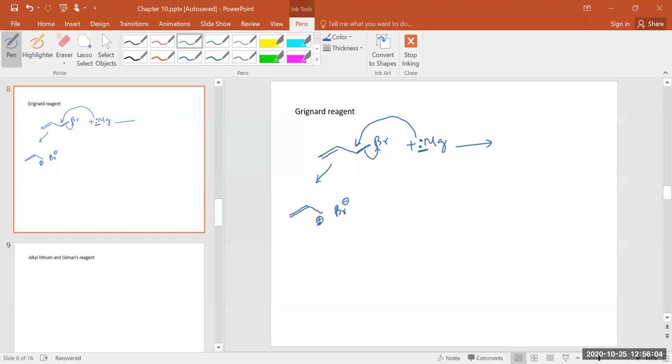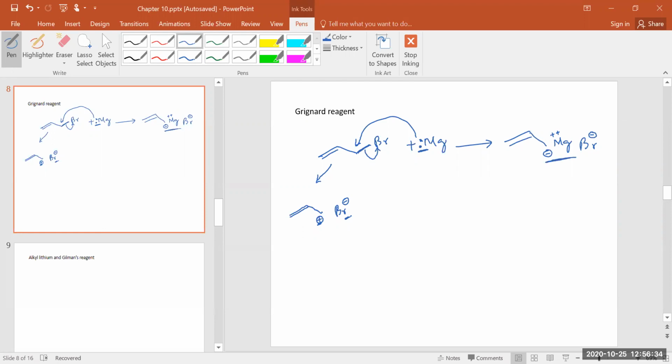So what will you have as a product here? This carbon with one negative charge, and magnesium with 2 positive charges and bromine with a negative charge. This is the complete way of writing. Magnesium with two positive charges and the two negative charges, you can say counter ions.